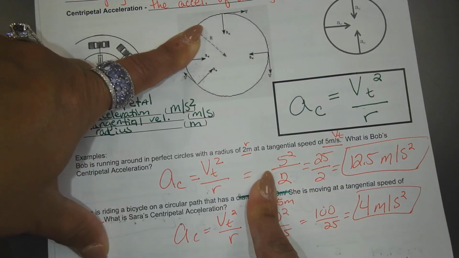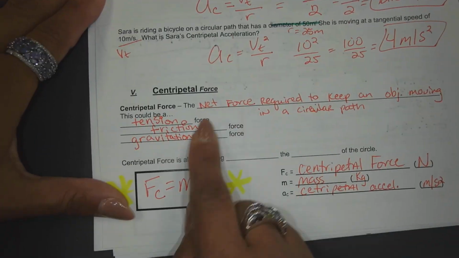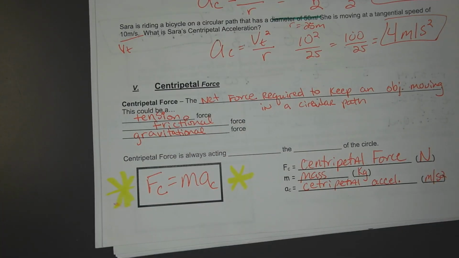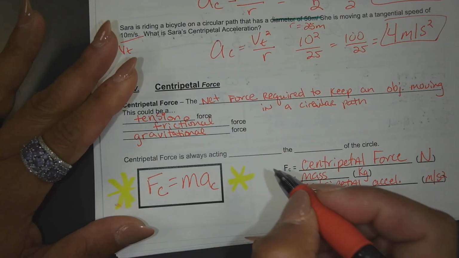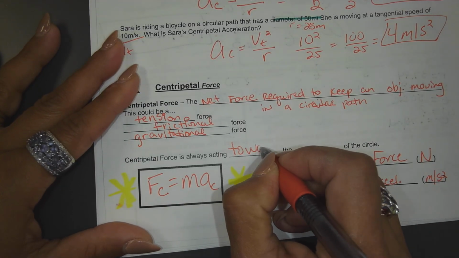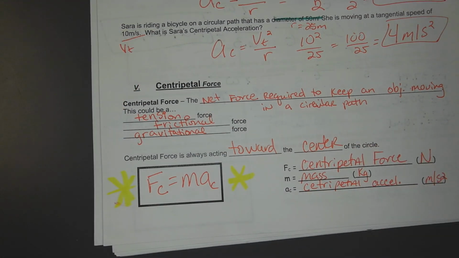They're not falling off of the Earth because gravity pulls towards the center, and gravitational force keeps you in the center of the circle so you don't fly off, which makes sense. So centripetal force is always acting towards the center to keep the object in the circle. Thank goodness for gravity, because it keeps us here on Earth.